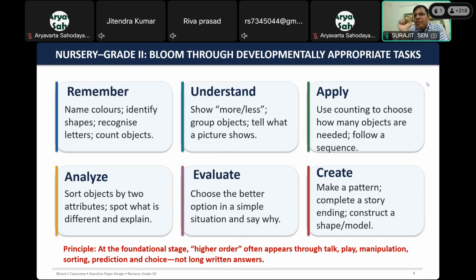Follow a sequence. Suppose you make 3 boxes. In one box, you have five apples. In the second box, you have 3 apples. In the third box, you have 2 apples. The question can be: how many apples should be put in the third box to make it look like the first box?